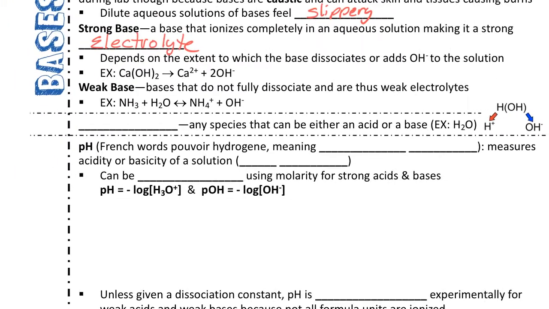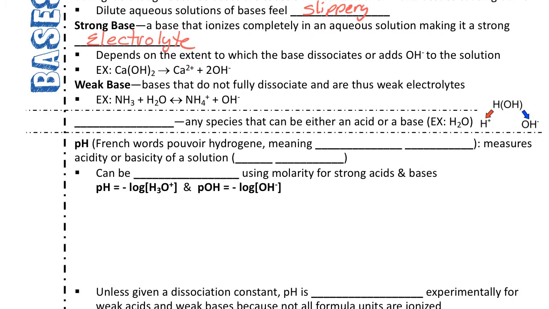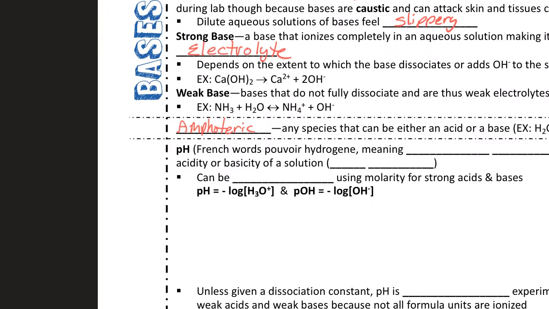We talked about this one in the POGL we did yesterday. We said amphoteric is any species that can be either acid or base. What helps me remember that is amphibian.